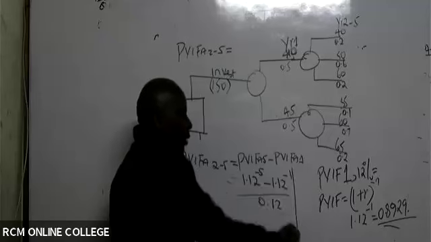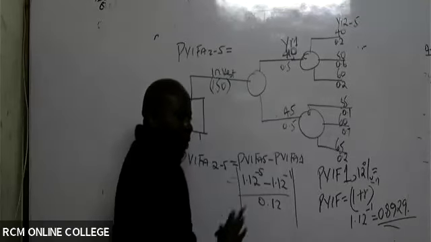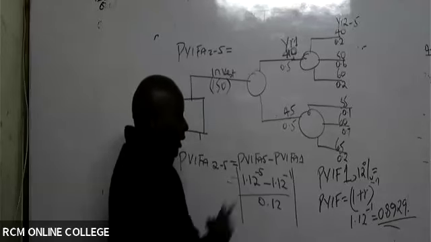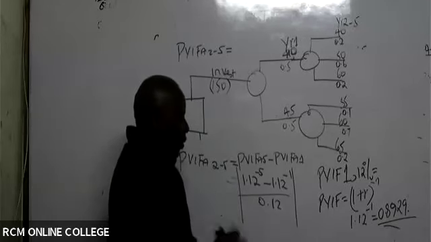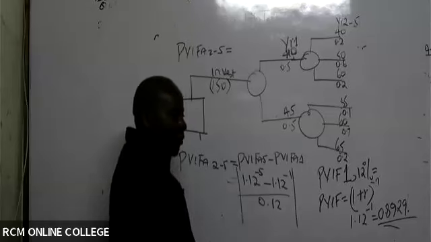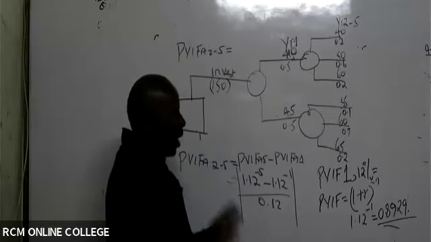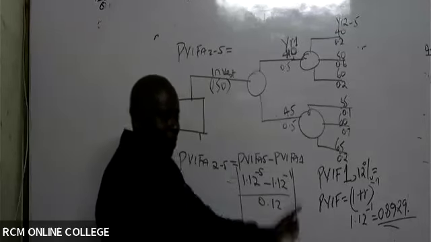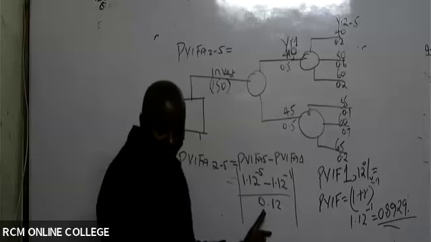If you're using this approach, you give us the modulus. You ignore the negative you get. Don't be very surprised. You just take your calculator, say 1.12 raised to -5, minus 1.12 raised to -1, whatever answer you get, say equals first. And then you divide by 0.12.